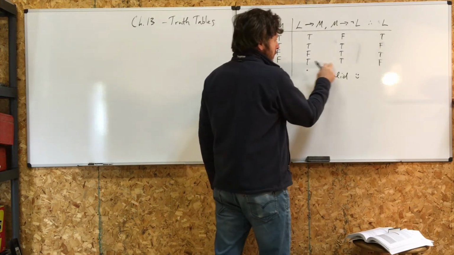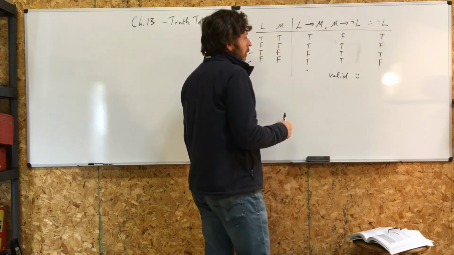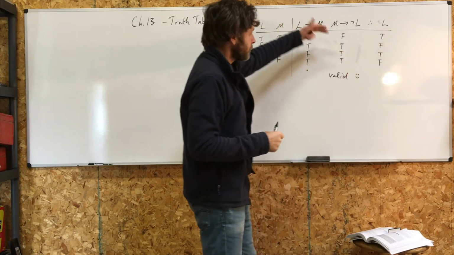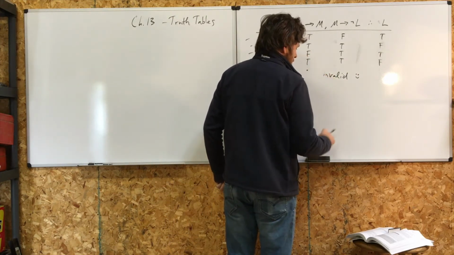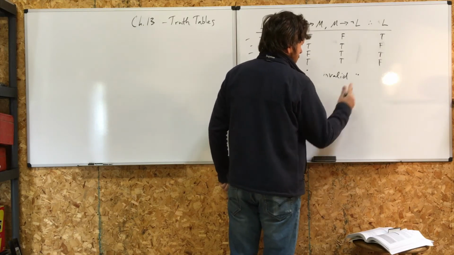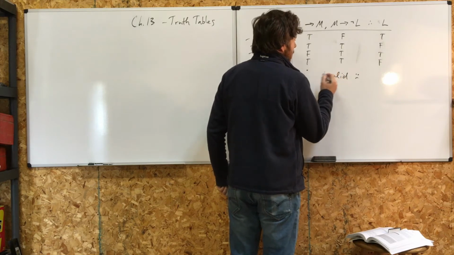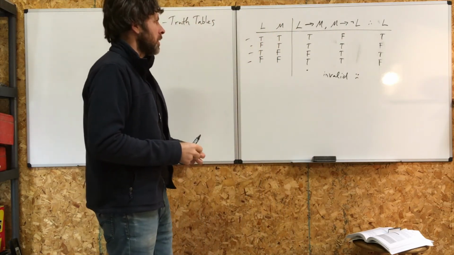The fourth row too, premises true, conclusion false. So by taking the negation sign off of the conclusion, I've made this argument invalid. Invalid. Okay? Frowny face, whatever. Just made that argument invalid.